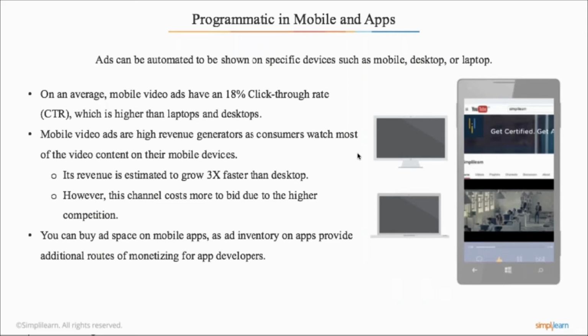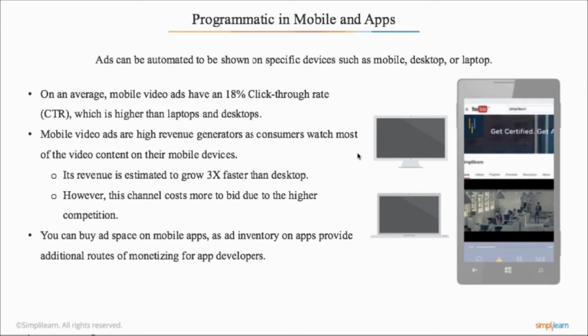Programmatic is also there in mobile and apps. So ads can be automated to be shown on specific devices such as mobile, desktop, laptop. And on an average, mobile videos have an 18% click-through rate, which is higher than laptops and desktops. So mobile is much, much more preferable. These mobile video ads are higher revenue generators, as consumers do watch most of the video content on their mobile devices. I believe nobody could argue on that.